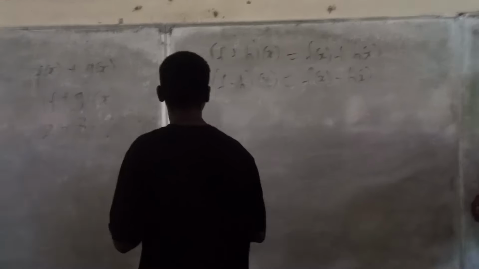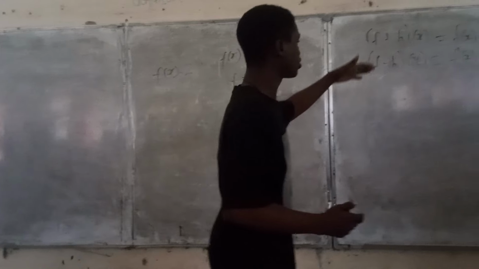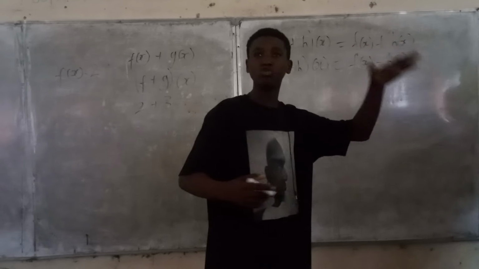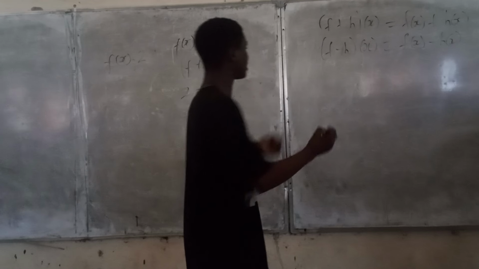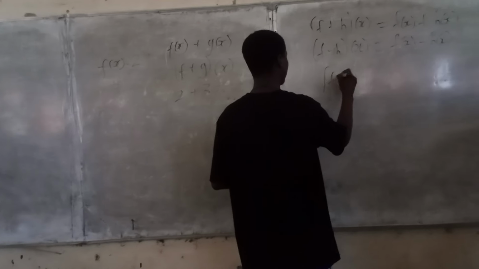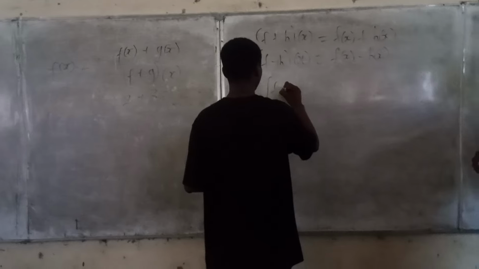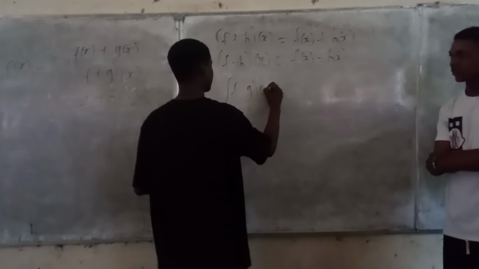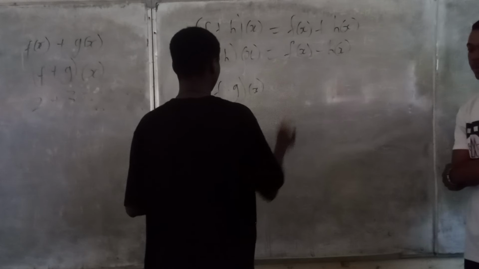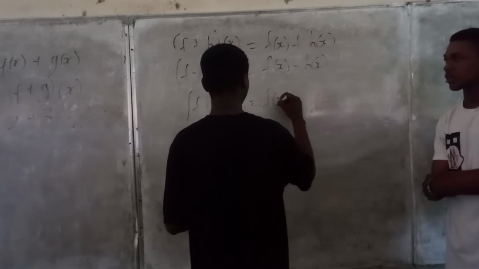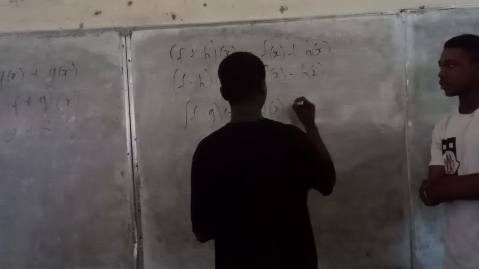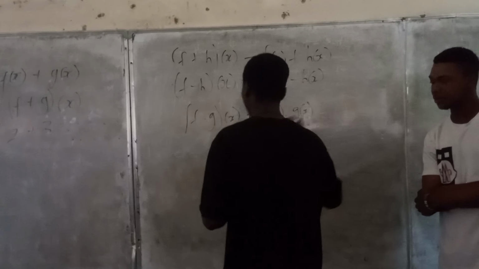And we have division of algebraic combinations. We just deal with the numerator and the denominator. Then the multiplication can be written as f of x times g of x.